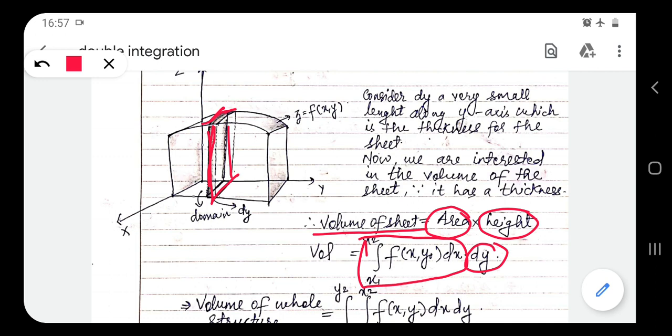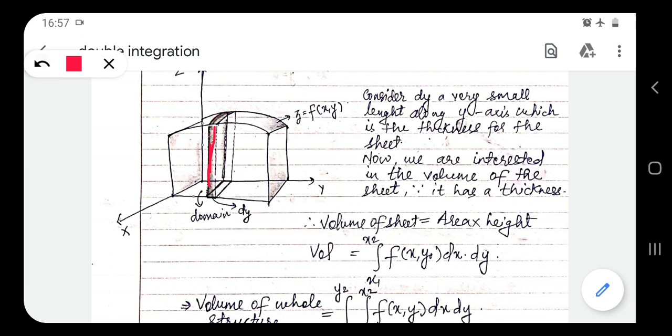So this is the volume of that single slab structure, and I can draw infinitely many slabs for this complete structure in 3D.